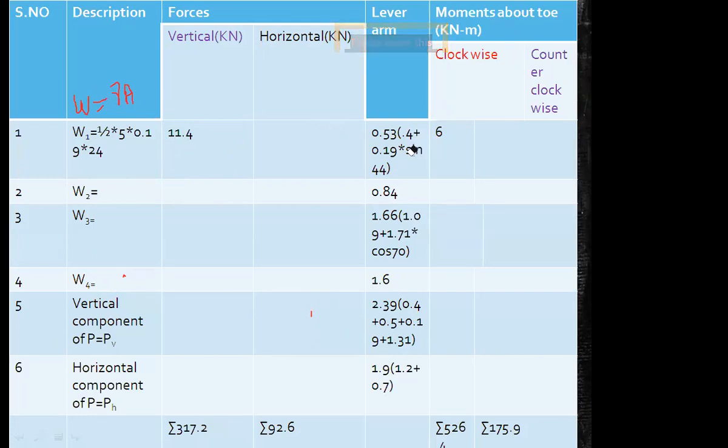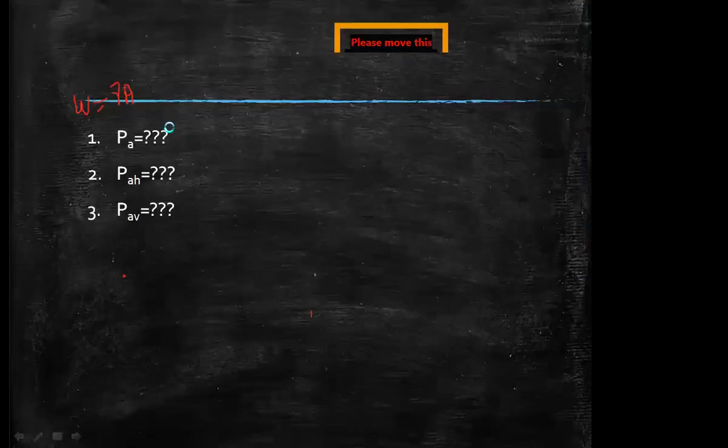So next thing, lever arm. As we need to calculate the moments, we need to mention the perpendicular distance. The lever arm for the first part of the retaining wall is 0.53.